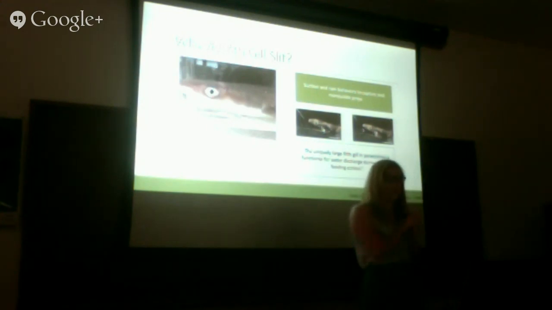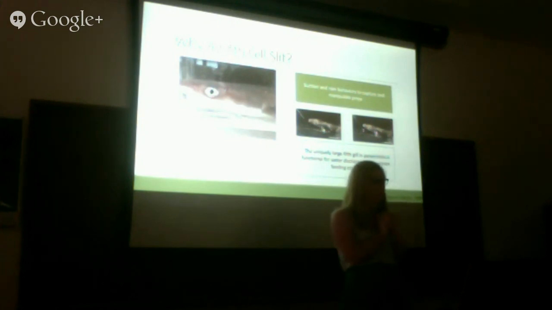This uniquely large 5th gill is in fact used in a functional way to discharge water during the feeding action of these sharks that are also suction feeders. So I think that is one hypothesis that can explain the difference in flow velocity of the fifth gill in the spiny dogfish.